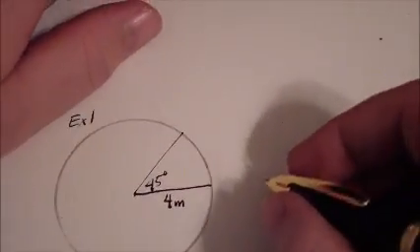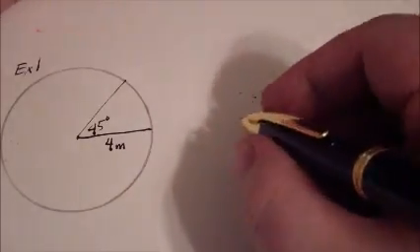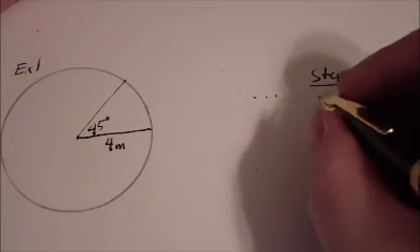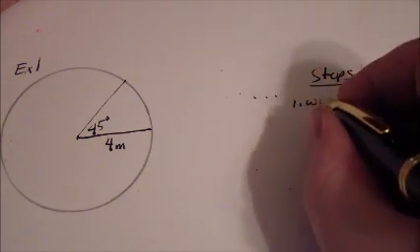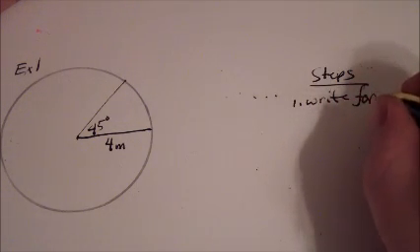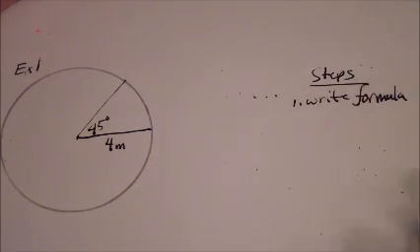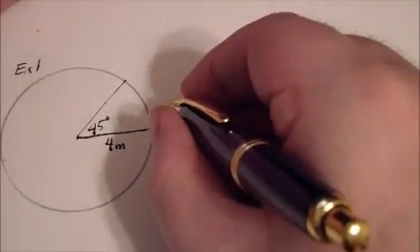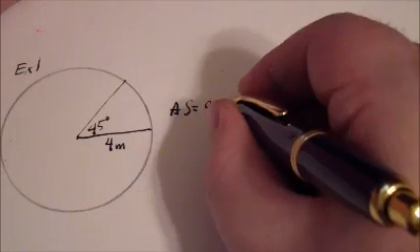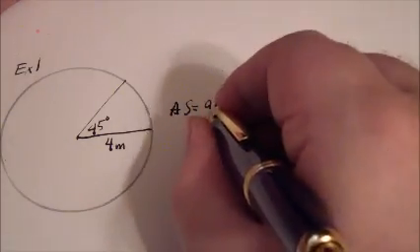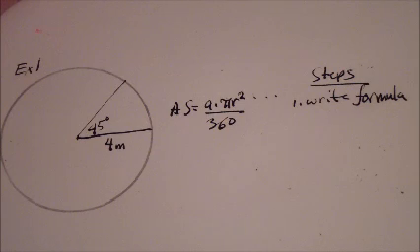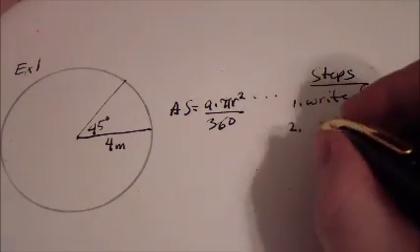So, first thing you want to do, steps. 1. Write the formula. So, writing the formula, we have the area of a sector is equal to A times pi r squared, all over 360 degrees. 2. Plug in what you know.